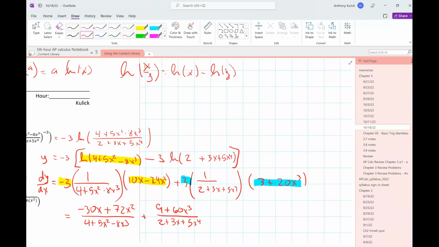That's as far as I would go simplifying. I wouldn't make a common denominator there or anything, because that looks like a nightmare to do.